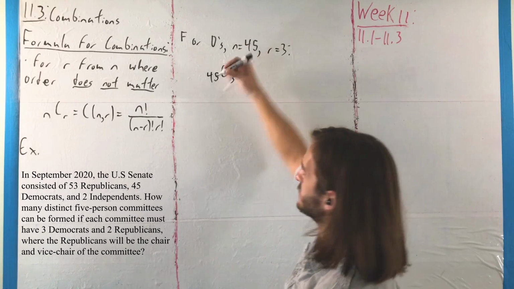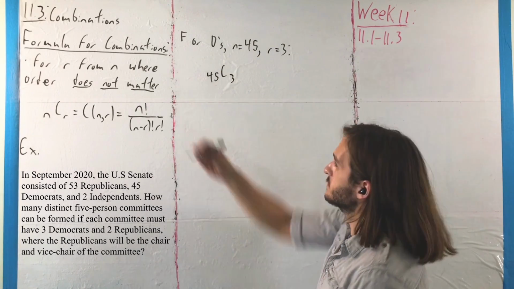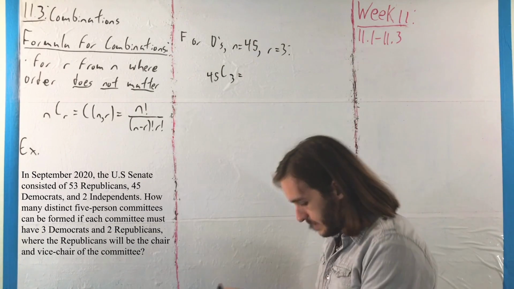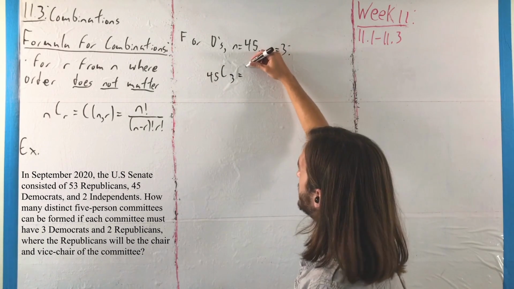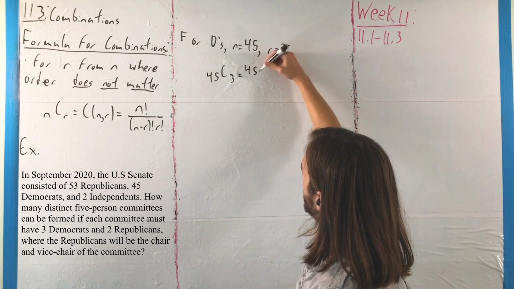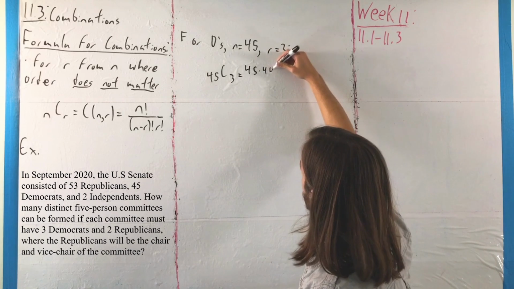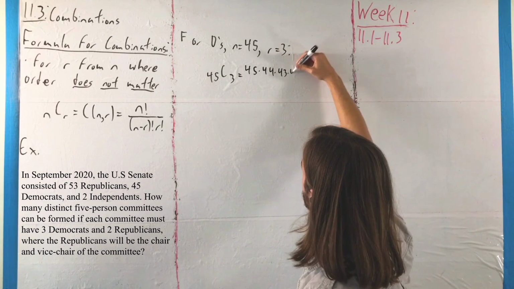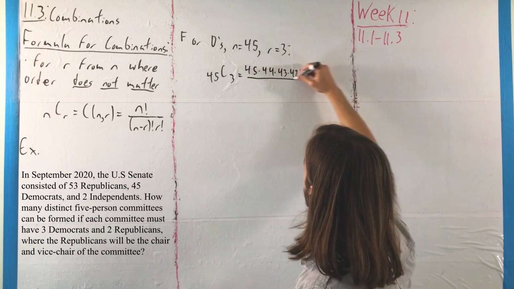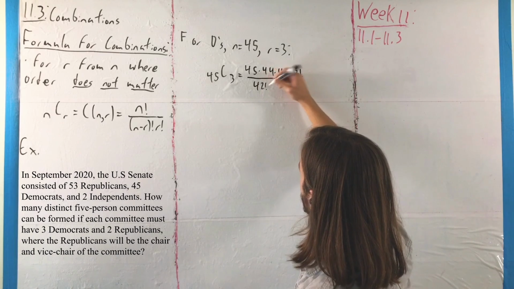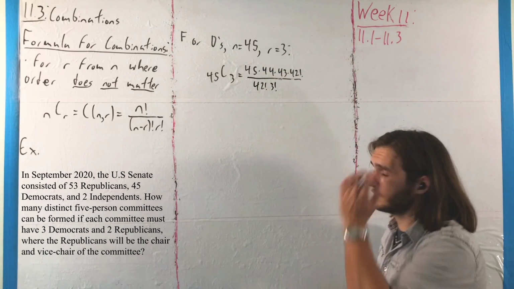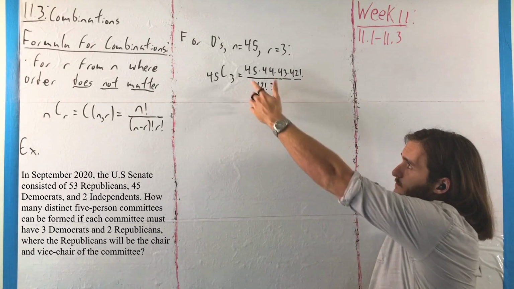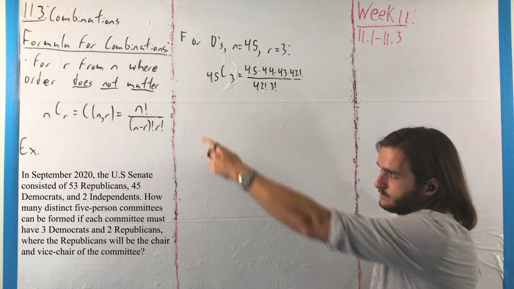45 choose 3 total options, which will end up being, in this case, I'm going to skip a half step of writing that out, 45 times 44 times 43 times 42 factorial over 42 factorial times 3 factorial options, where you get the 45 factorial from that.